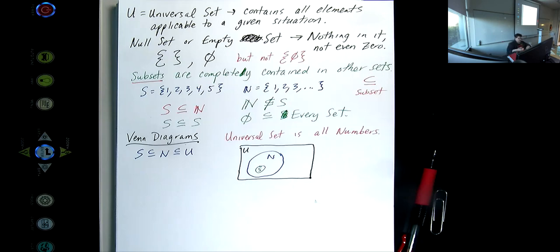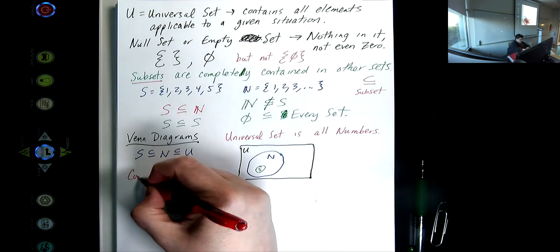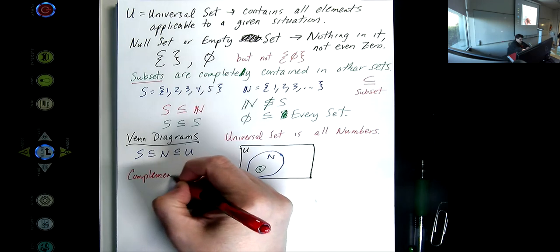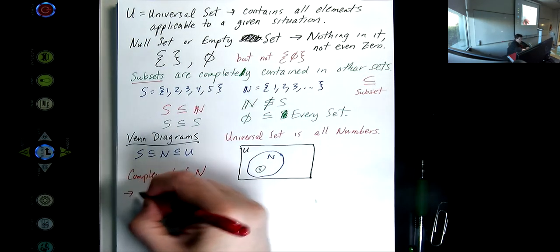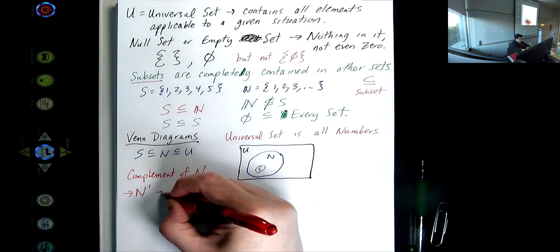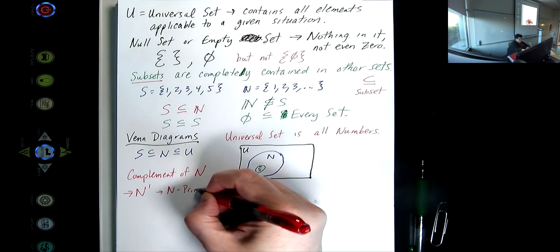So what if I defined, well, we have N already. The complement of N, we're going to do N with an apostrophe. It's pronounced N prime.